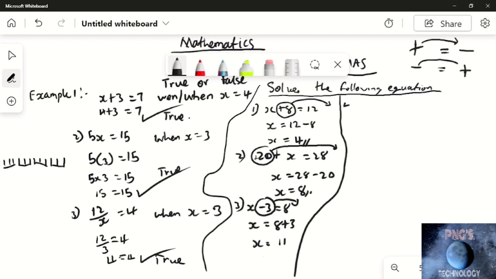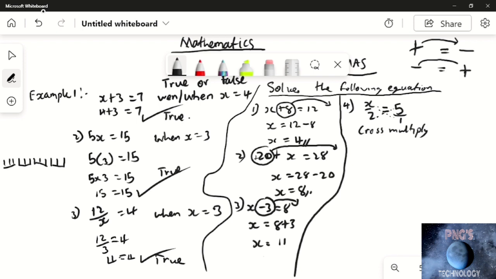So let's take for example 4. We're given x over 2 equals 5. So in this case, we need to balance it over 1. Then we cross multiply. There is a type of solving that we call cross multiply.